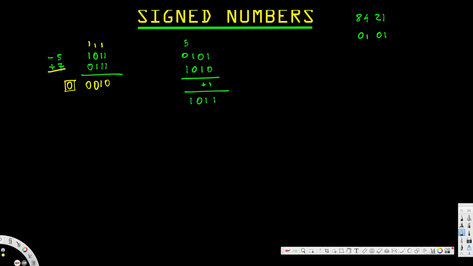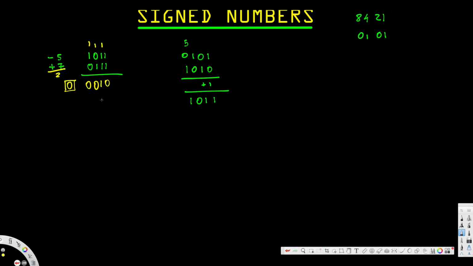When you add these two together, you should get 2. Since we are getting 2 right here, this is correct, and we neglect the extra carry. Since we are dealing with 4 bits, this is not a problem, right? So this is going to be our final answer.